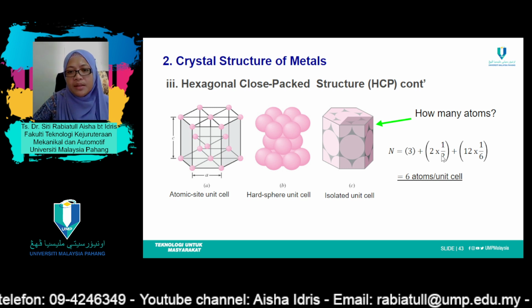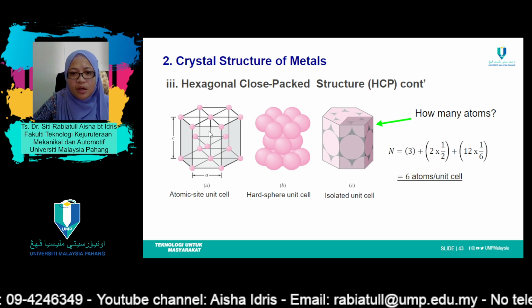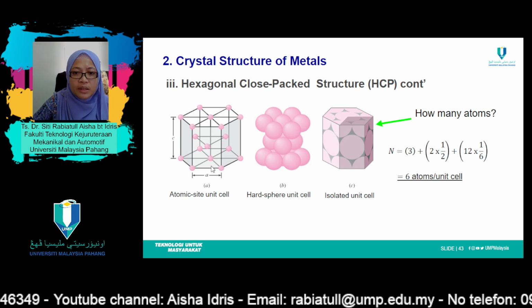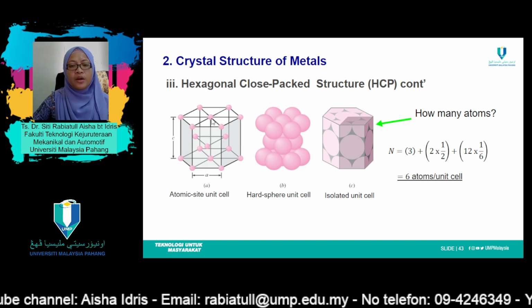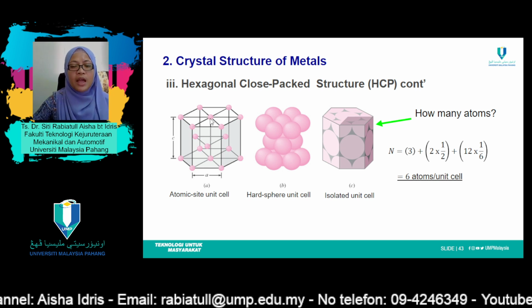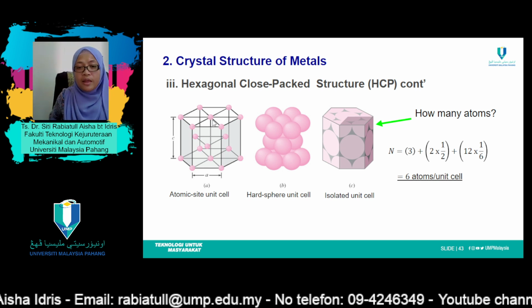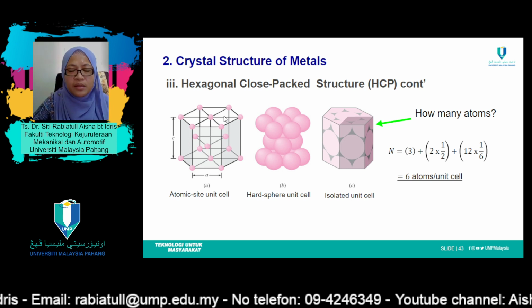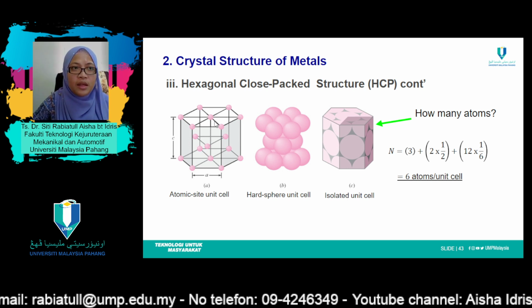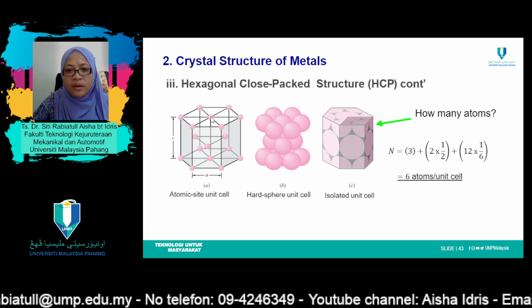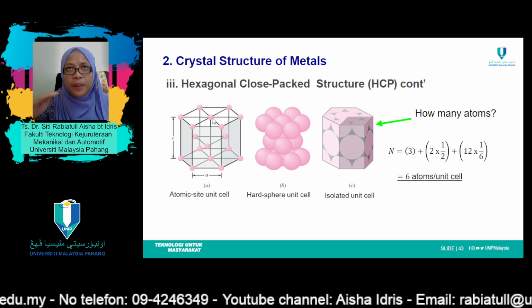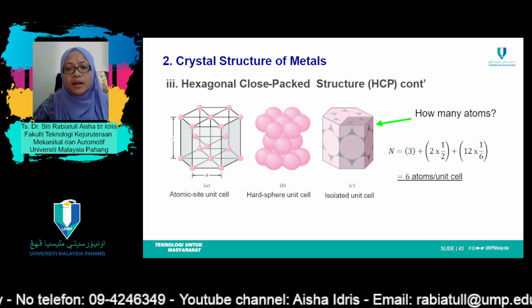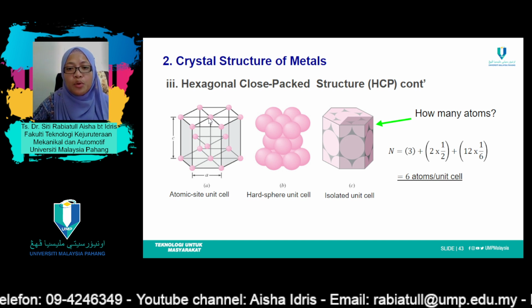This one means if you refer to the upper part and the bottom part here, you get half of the atom facing at the face of the cell, one half at the upper part, and one half at the lower part. So you get 2 there.